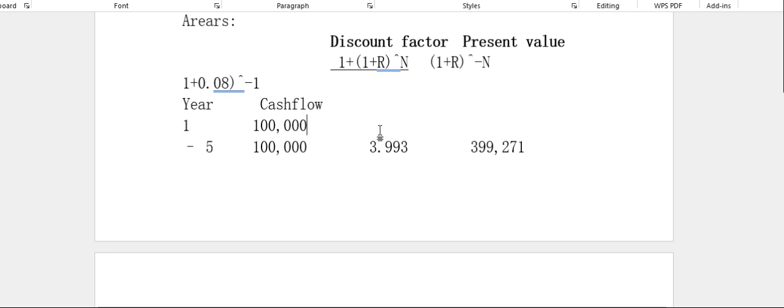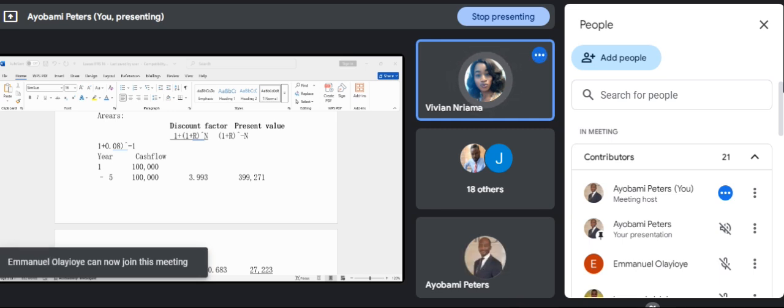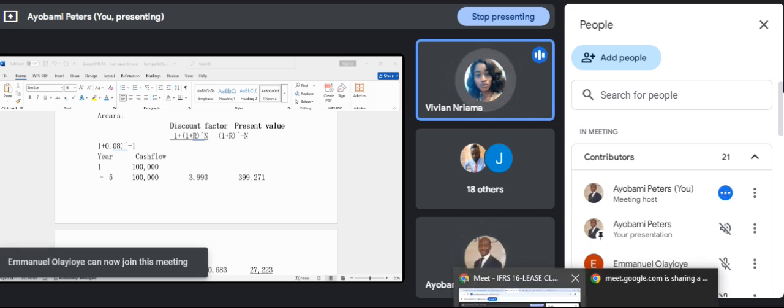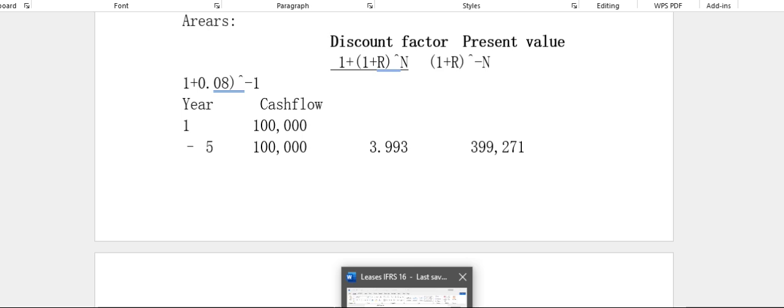If you have gotten it, let me know. It is 0.926 approximately. I hope we all know how we got that 0.926.